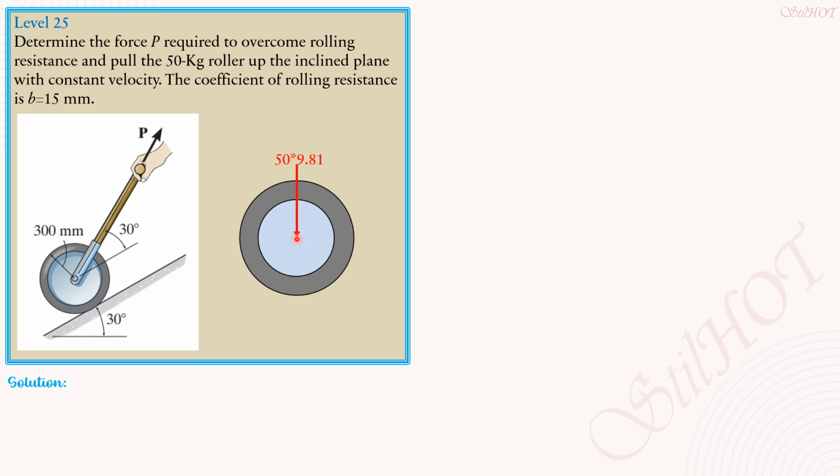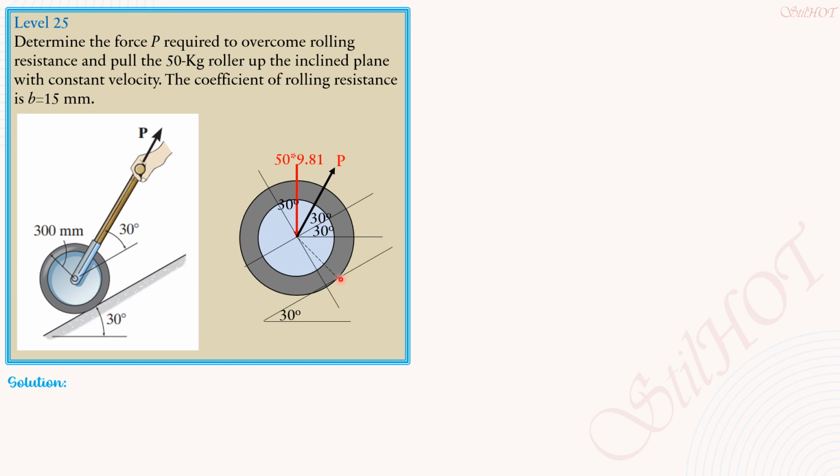Then we have an inclined plane, and this P here makes an angle of 30 degrees with this incline, parallel to this surface. So this is 30 degrees, this is also 30 degrees as shown here, so this angle is also 30 degrees. Then if we draw the normal, that angle is also 30 degrees.